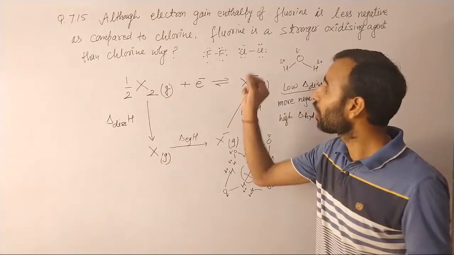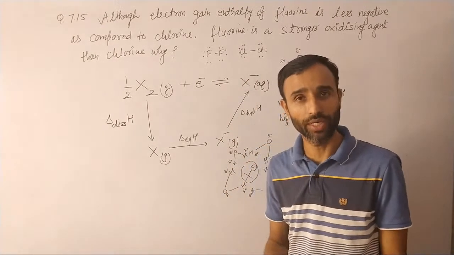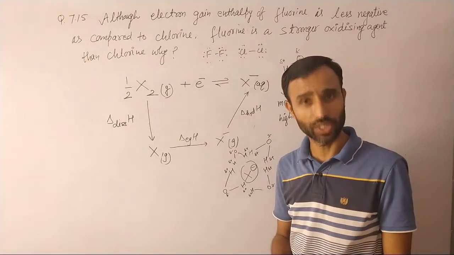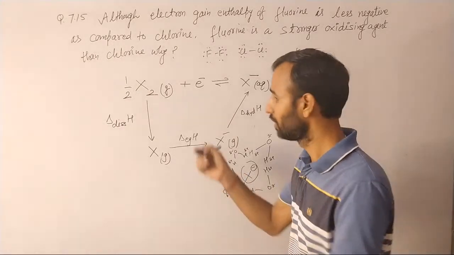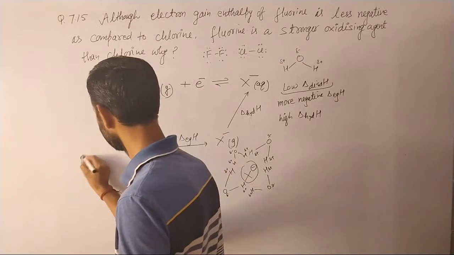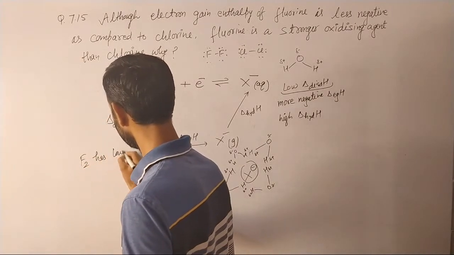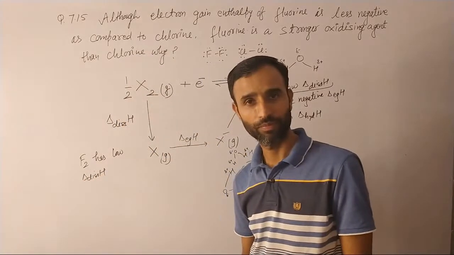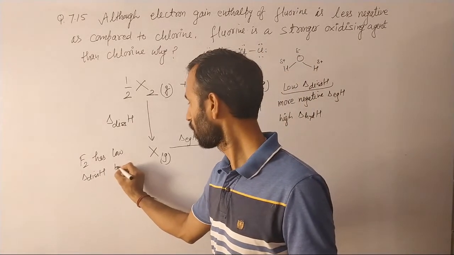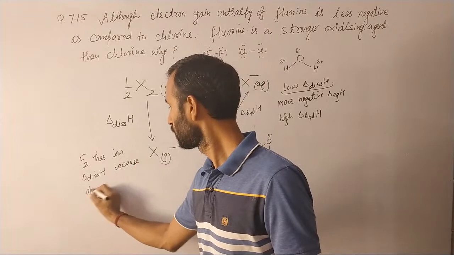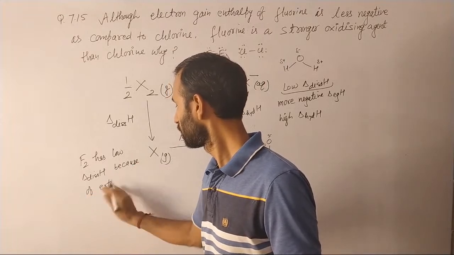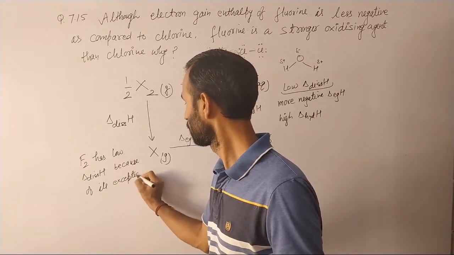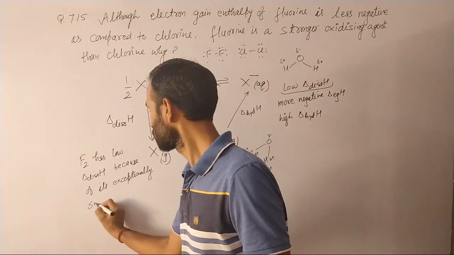Why is it so? Because of the extremely small size of fluorine, there is large inter-electronic repulsion between the non-bonded pairs. What I said: F2 has low bond dissociation enthalpy because of its exceptionally small size.